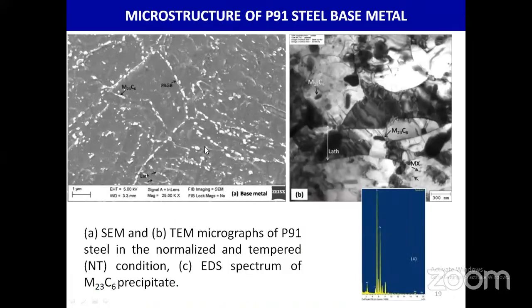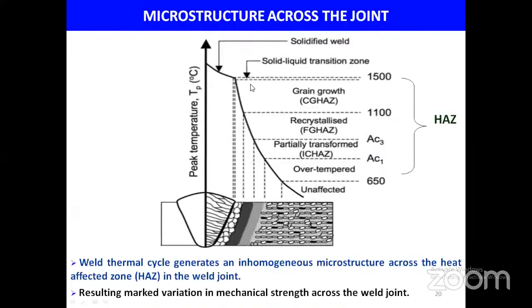This is the typical P91 steel microstructure. When we do welding, due to the heat source, transformations occur across the heat affected zone depending on the peak temperature. From the melting point to 1100 degrees centigrade, the precipitates we discussed are dissolved, due to which the grains coarsen, forming a coarse grain region.